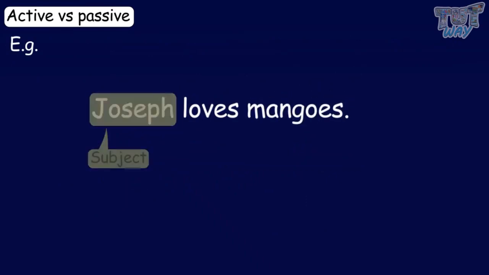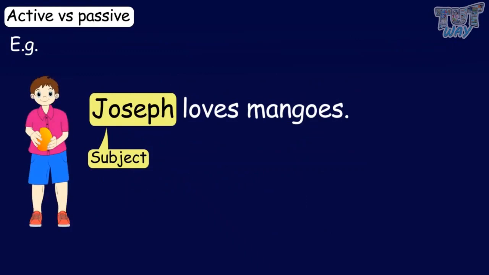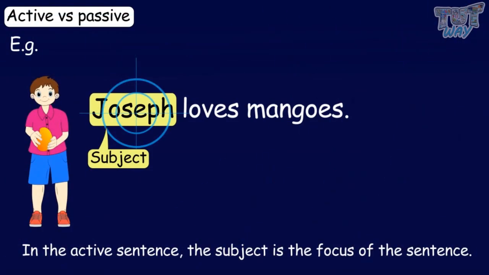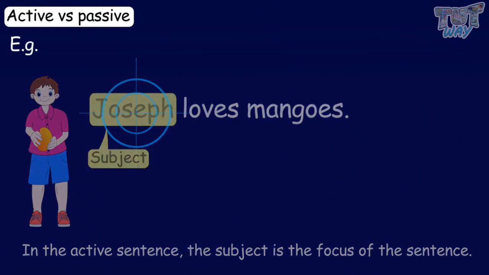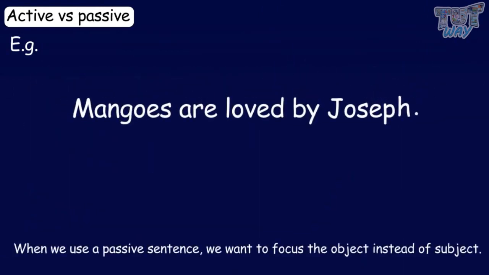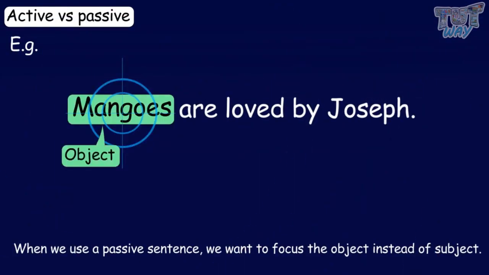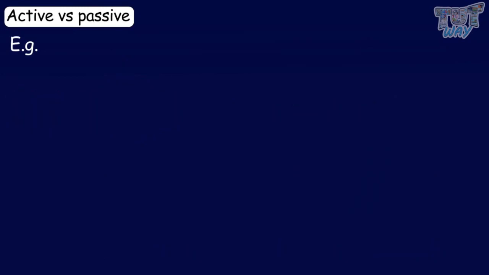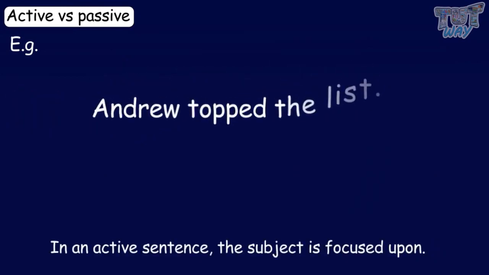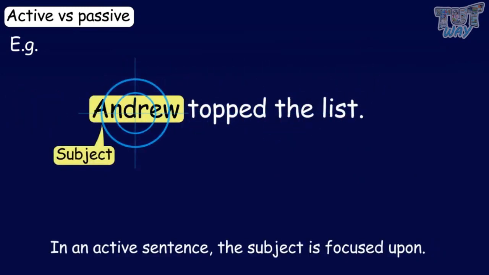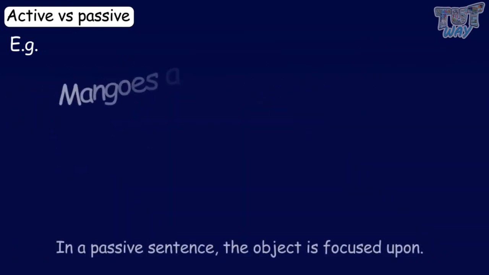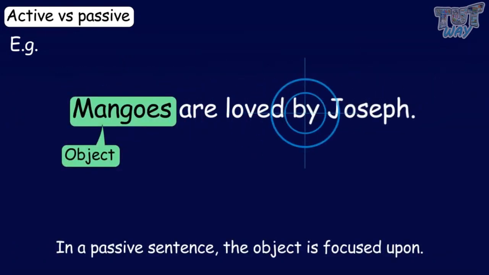Here, the subject, that is, Joseph, is the focus of the sentence. But when we use a passive sentence, we want to focus the object instead of the subject. Let's revise it once again. In an active sentence, the subject is focused upon, and in a passive sentence, the object is focused upon.